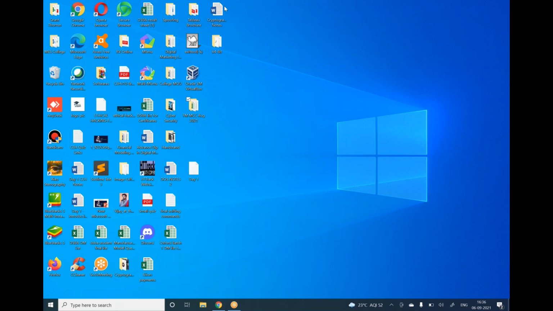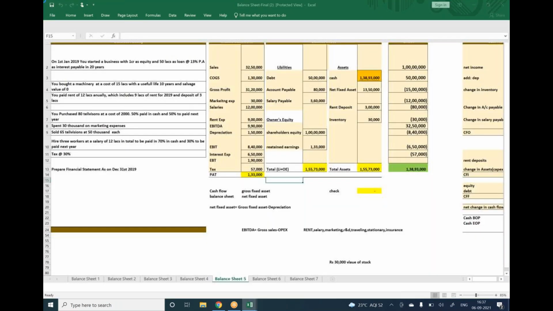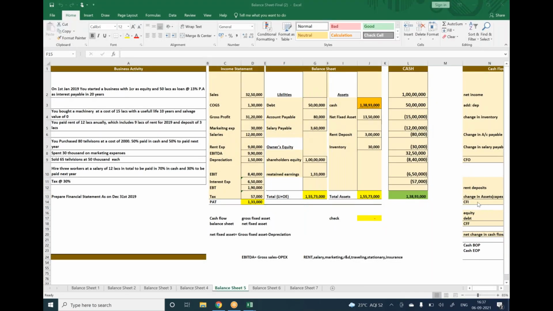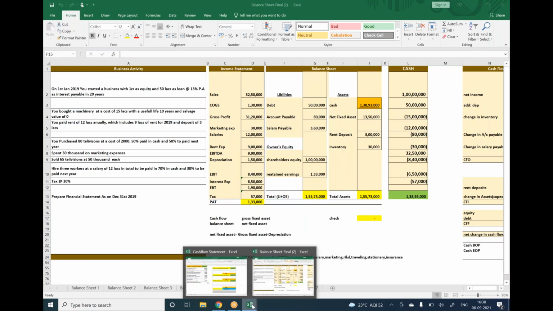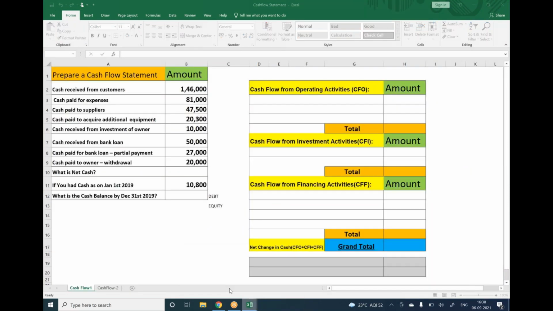I'm just setting up the system. Oh my God, all of you are saying balance sheet. First, let me go for the cash flow. Then I can combine everything and we'll be able to tell.